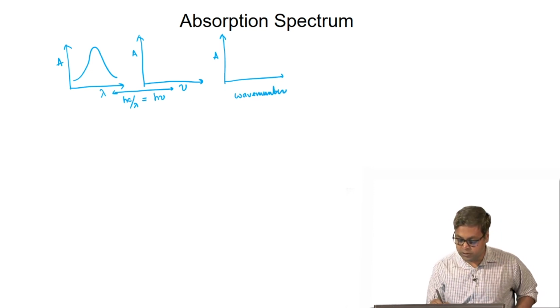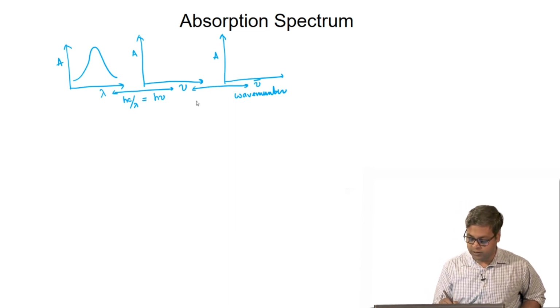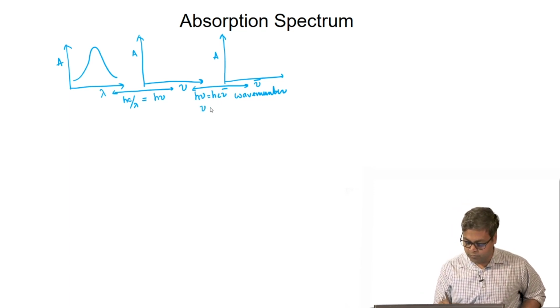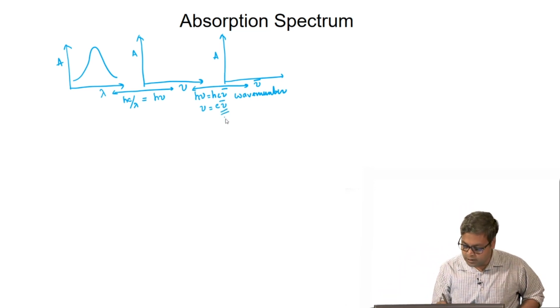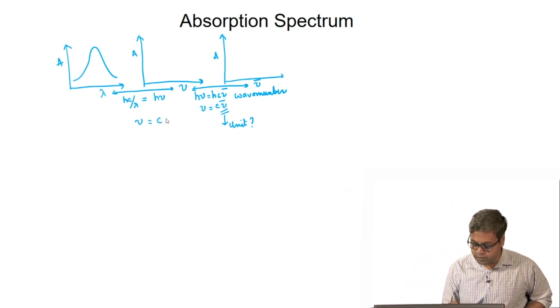Wave number is denoted by nu bar, and nu bar is related to frequency because h nu equals h c nu bar, or we can write nu equals c nu bar. So, the next question is, what is the unit of nu bar? Rearranging this equation, we can write nu bar equals nu by c.